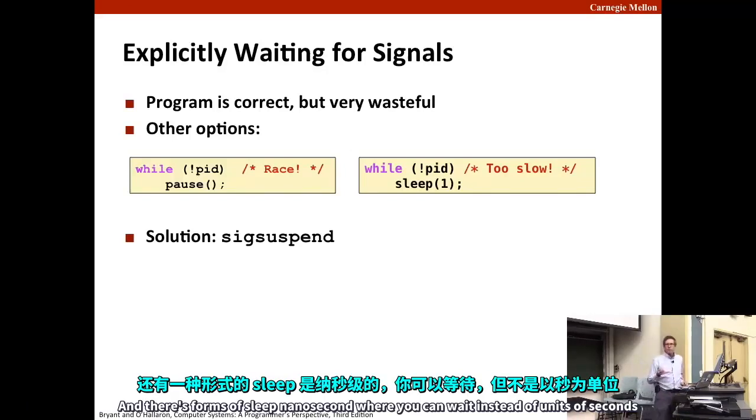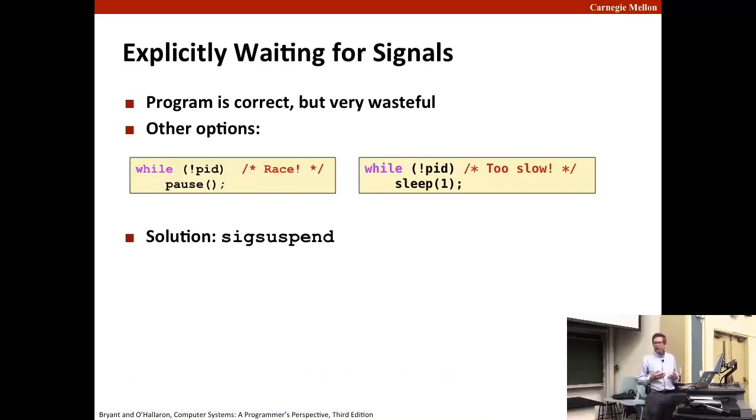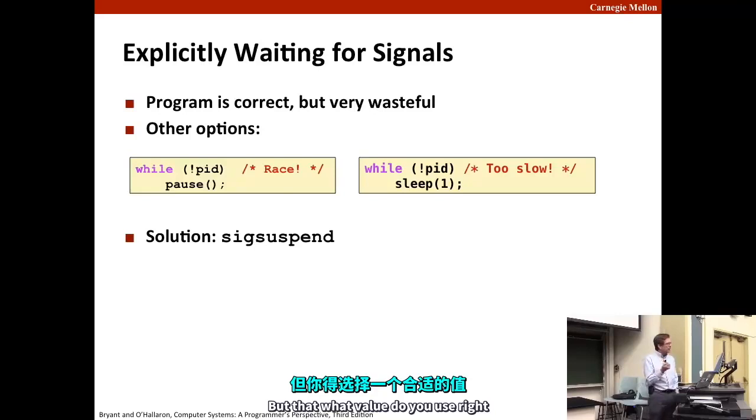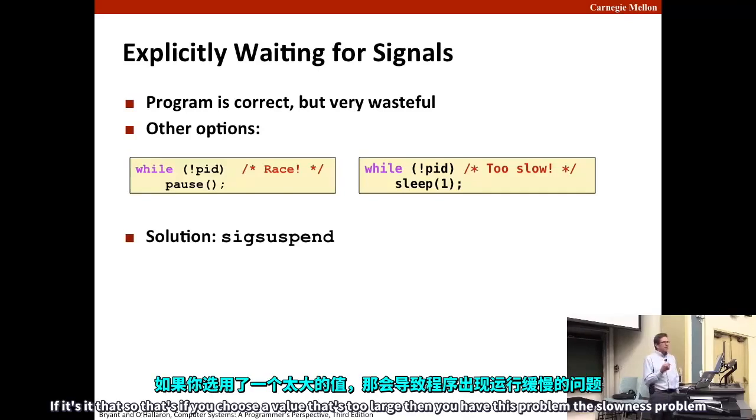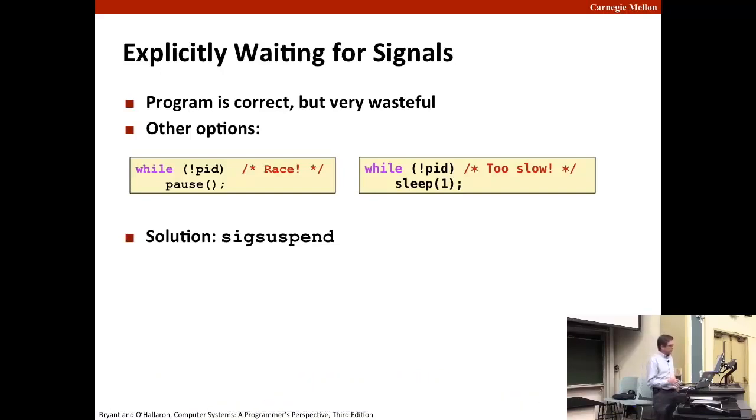And there are forms of sleep, nanosleep, where instead of units of seconds, you can wait in units of nanoseconds. But what value do you use, right? If you choose a value that's too large, then you have this slowness problem. If you choose a sleep time that's too small, then you have the other problem, that it's inefficient.